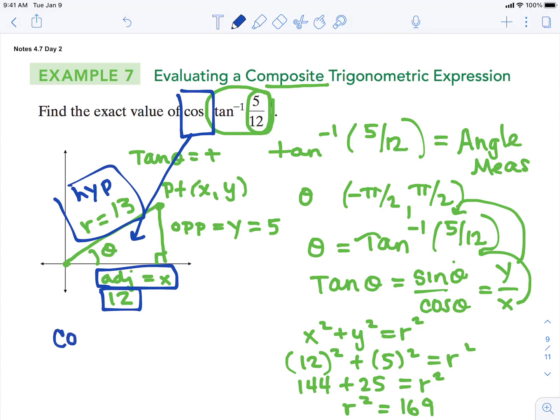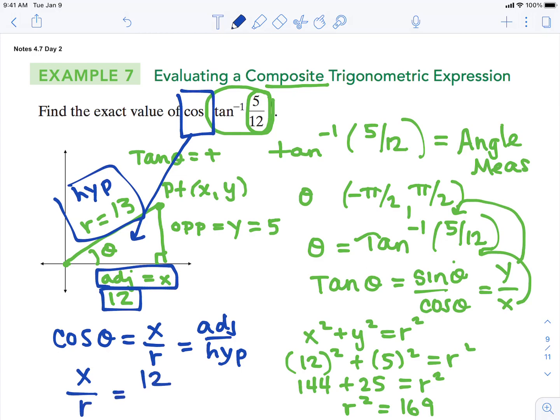So the cosine of an angle is taking the x over the r, or adjacent over hypotenuse. So what do we get there? What is x over r? Well, that's 12 over 13. So this answer up here is 12/13.